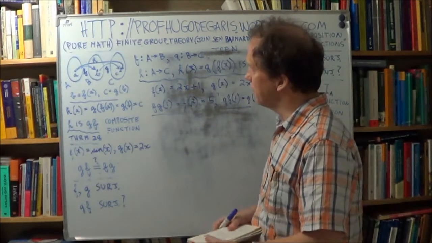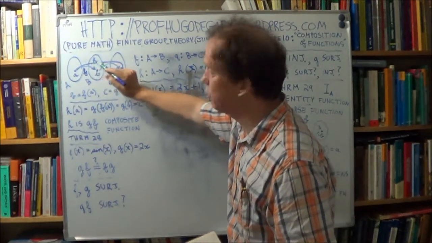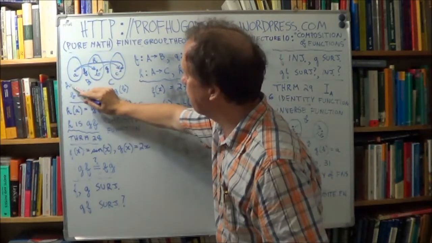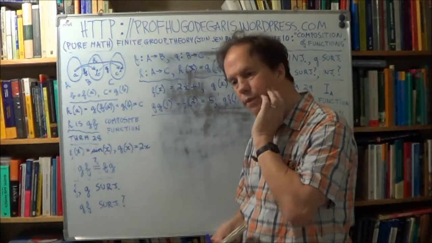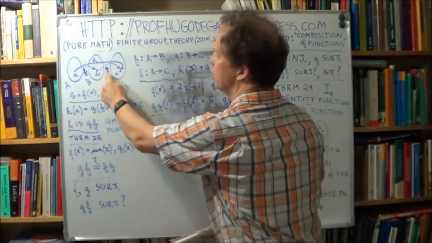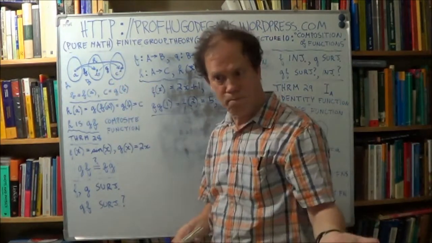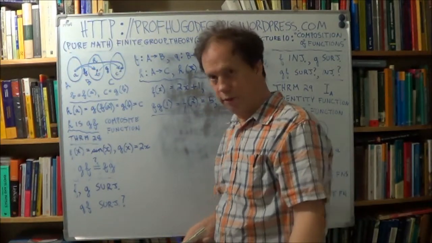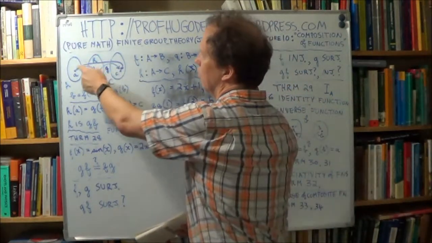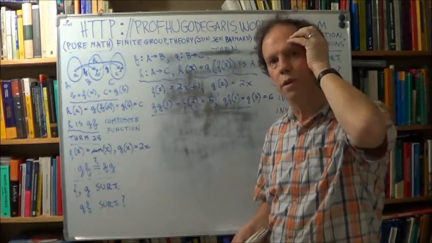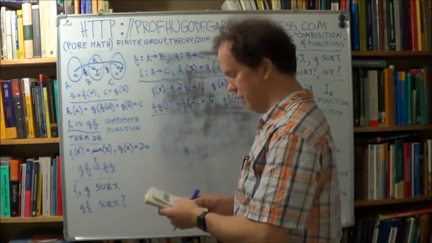So we can start asking questions about these composite functions, about H, this direct mapping that maps directly from big A to big C. If you know something about the nature of the component functions, in other words f and g, if you know what type they are, for example, if f is injective or surjective or bijective, and similarly for g, then what can you deduce about h?